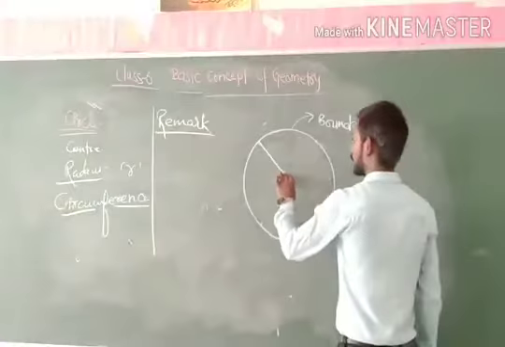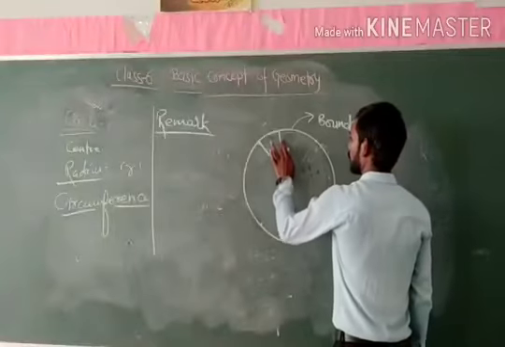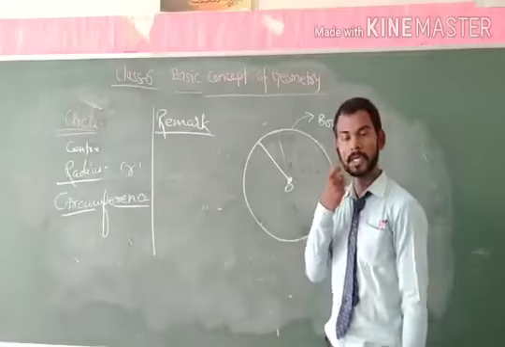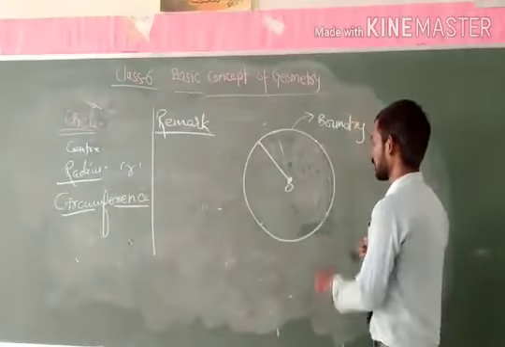So we can say that from the center of the circle, an infinite number of radii can be drawn.